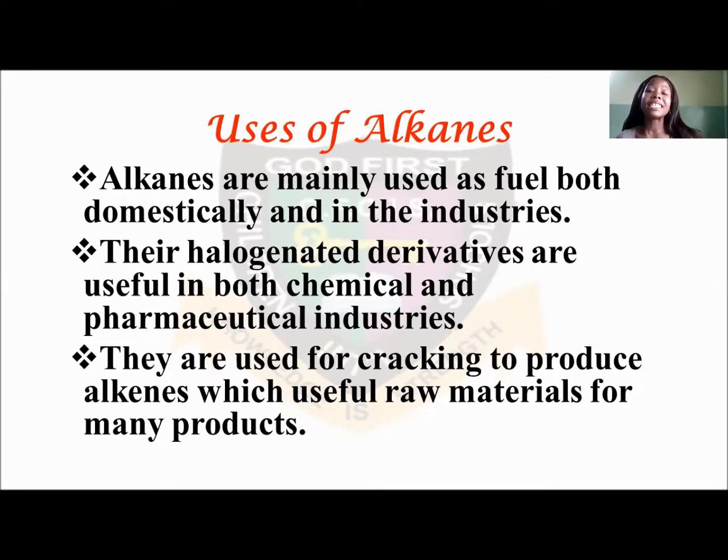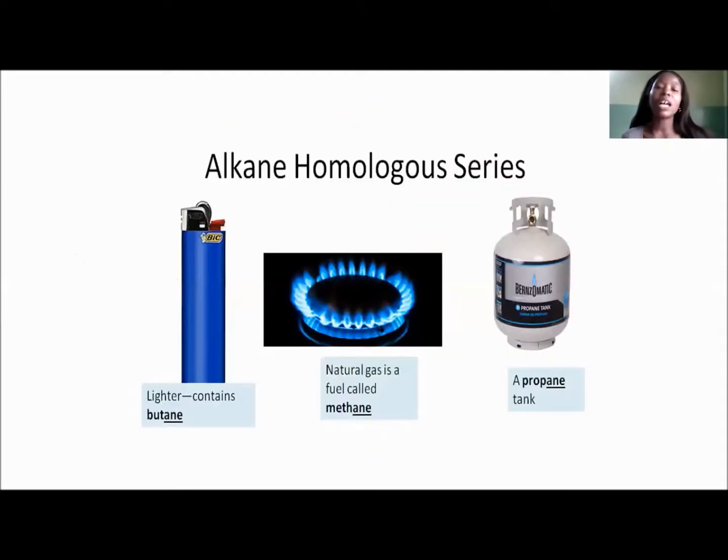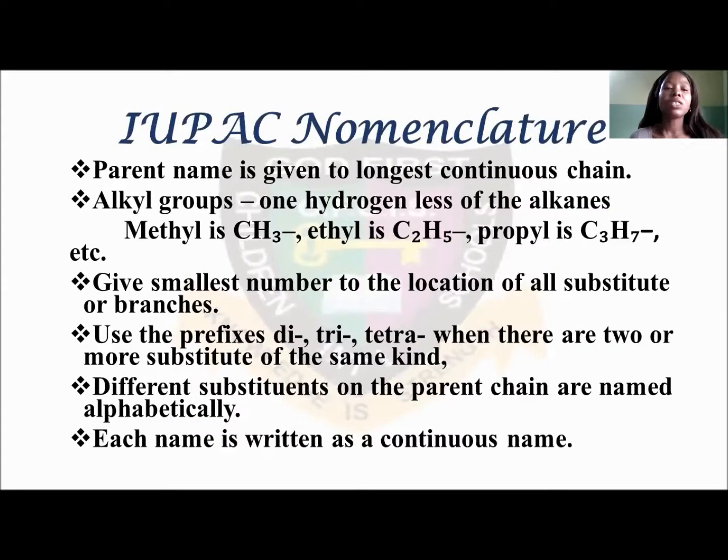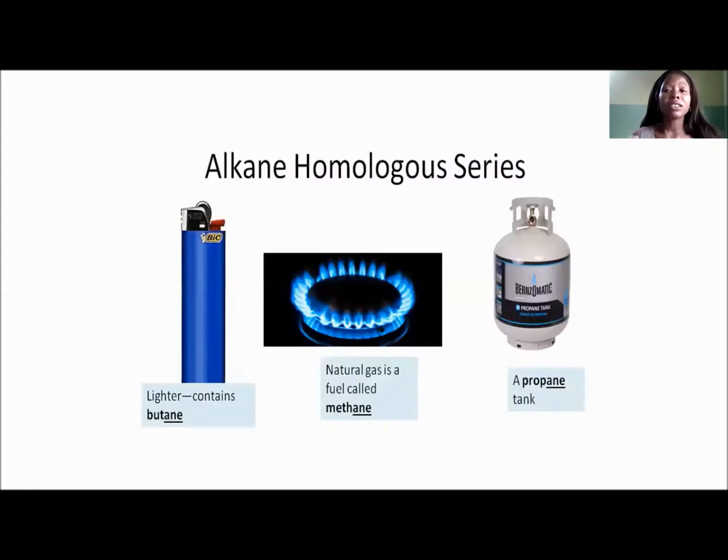So those are the uses of the alkanes. Now, look at this image. You see the uses: methane, natural gas; propane, our cooking gas; butane, in lighters, majorly as fuel.